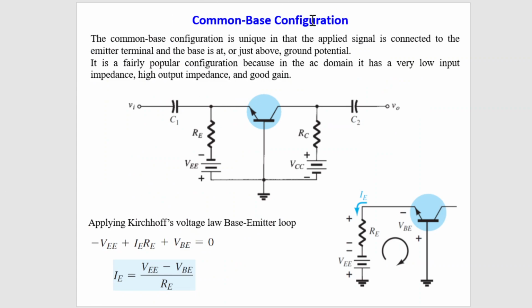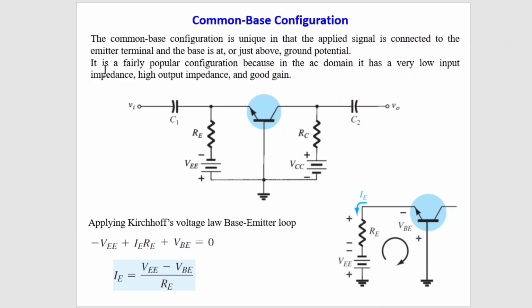I introduced this common base configuration technique in the beginning when I started the transistor. This common base configuration is unique in that the applied signal is connected to the emitter terminal, and the base is at or just above ground potential.